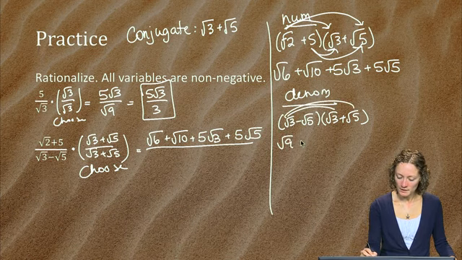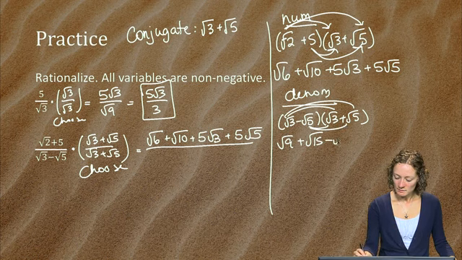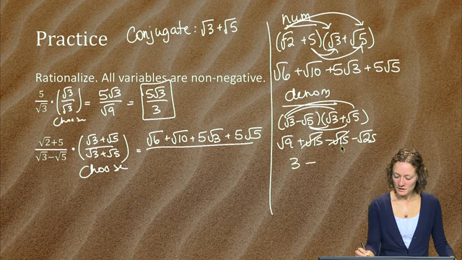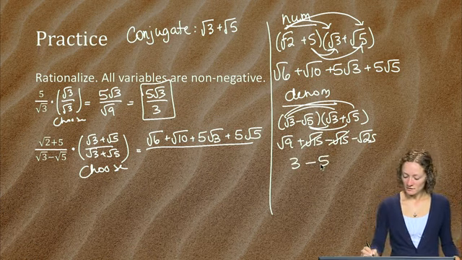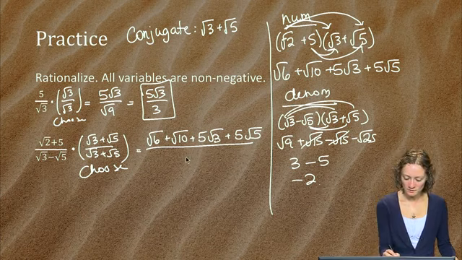FOIL, root 9 plus root 15, minus root 15 minus root 25. Middle 2 cancel, we get 3 minus 5, which gives us negative 2.